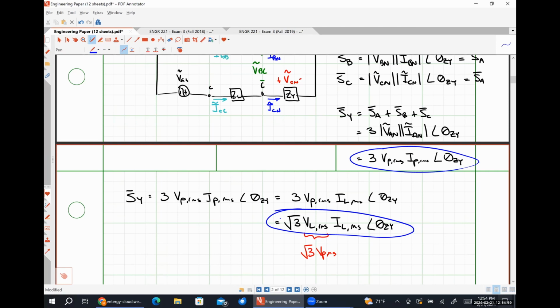What if we had a delta connected load? What do you think would happen? Literally identical, right? So when we have a Y-connected load, we know that our line currents and our phase currents are equal to each other.